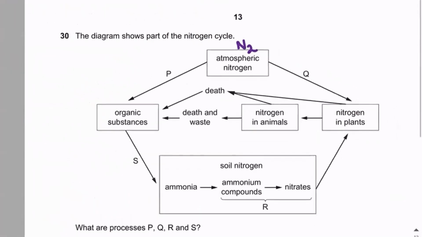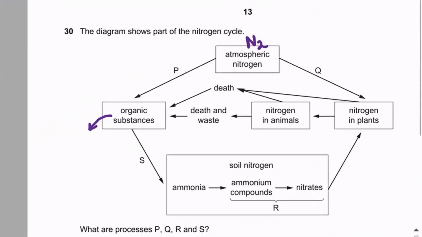Whenever you convert atmospheric nitrogen into compounds of nitrogen, for example organic substances, which are basically proteins or any other organic substance, which could be a fertilizer as well, right? But it should be organic, not inorganic.